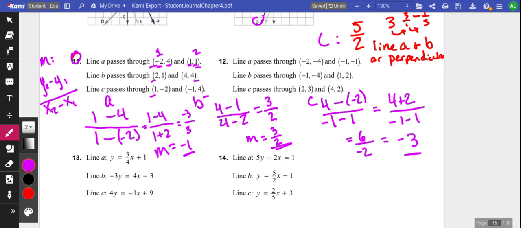So the negative reciprocal of negative 1 would just be positive 1. And these aren't negative reciprocals. These are just both whole numbers. So it looks like none of the lines are perpendicular.